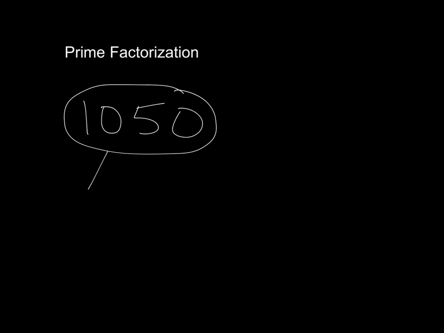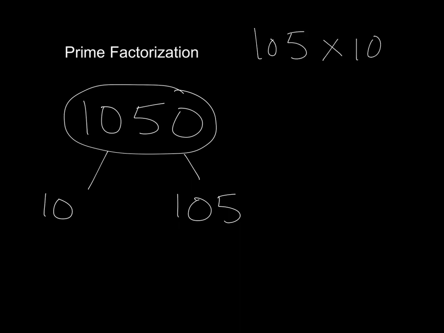So one pair of factors would be 105 and 10, which means that 105 times 10 is 1050, right? But here we look at 10 and we look at 105, and these are still composite numbers. So we have to break this down even more.